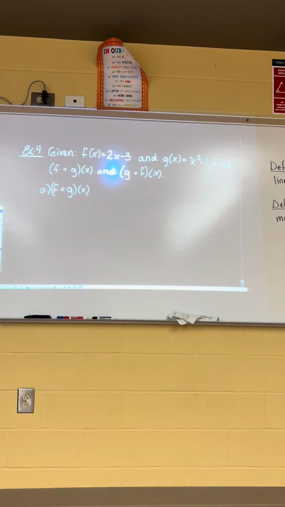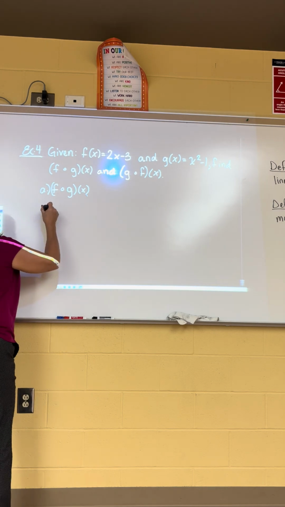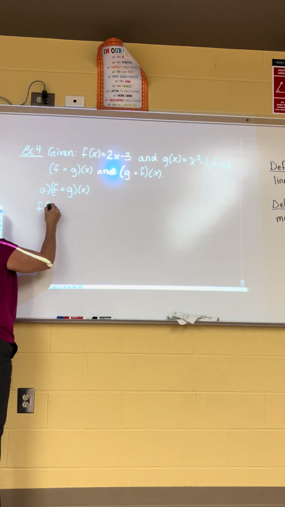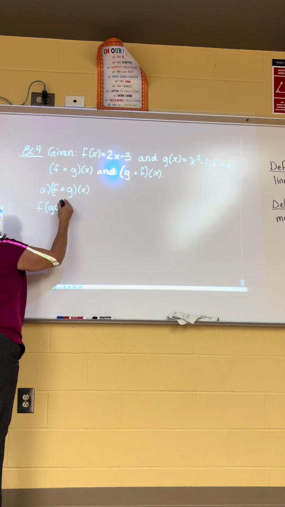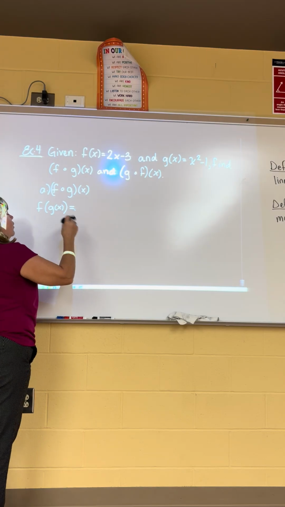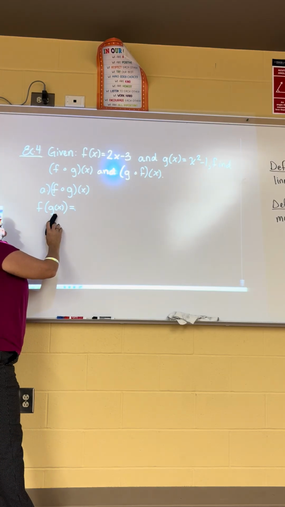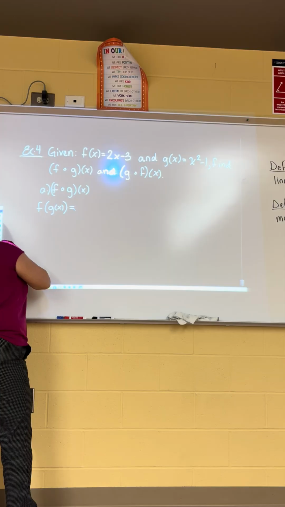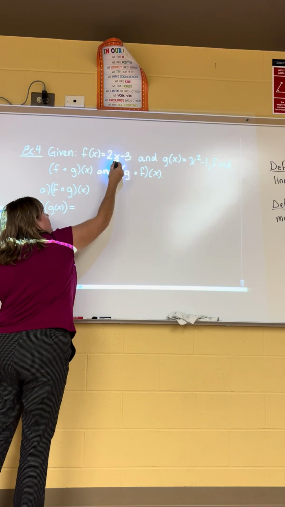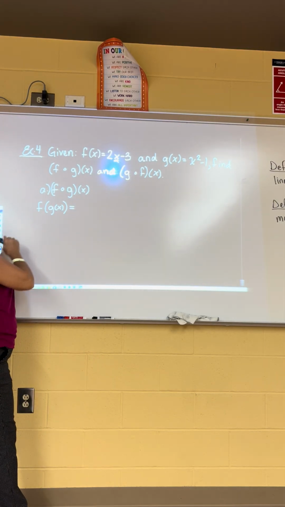Okay, so we want to do f of g of x first. So wherever I see an x in f, which is right here, I have to replace it with whatever g of x is.